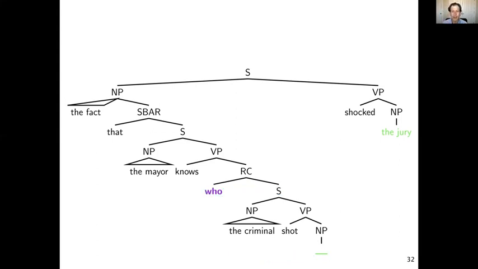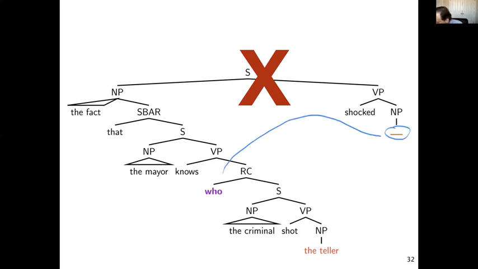So this is okay. But what would not be okay is another version: the fact that the mayor knows who the criminal shot the teller shocked. Here, the gap is syntactically above the filler, and that is not okay. There's no gap inside the sister of the filler. So that should not be okay.